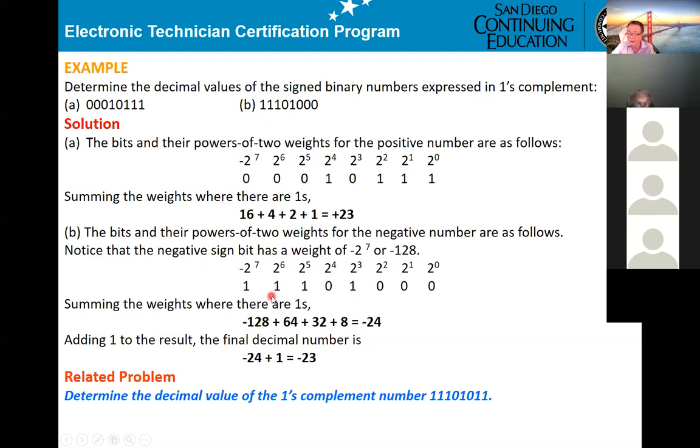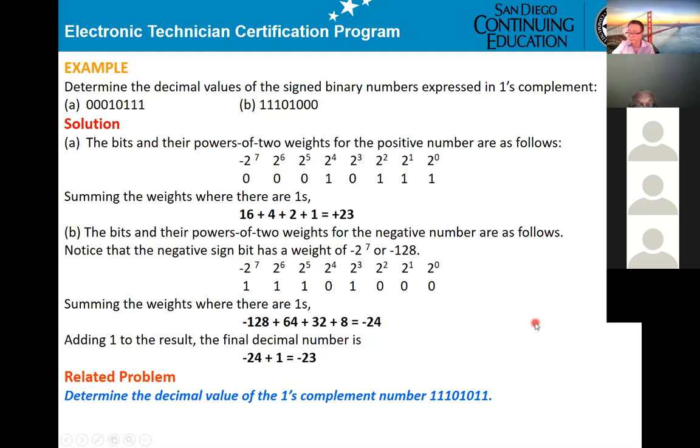And the next ones you get plus. This is the magnitude: 64, 32, 8. You get minus 24. Adding 1 to the result, the final decimal number will be minus 24 plus 1, and the answer will be minus 23. So now try to see if you can get a related problem answer for me.